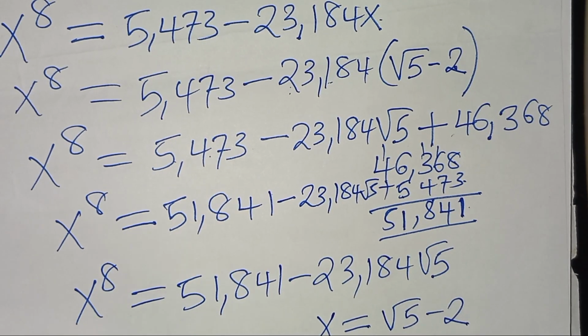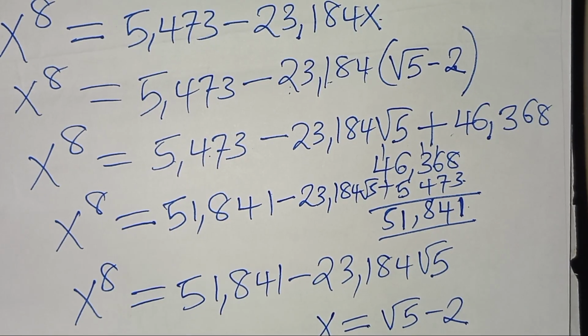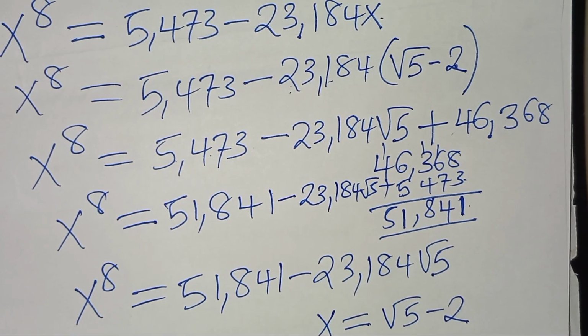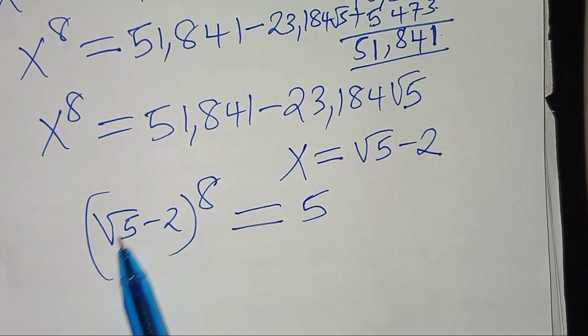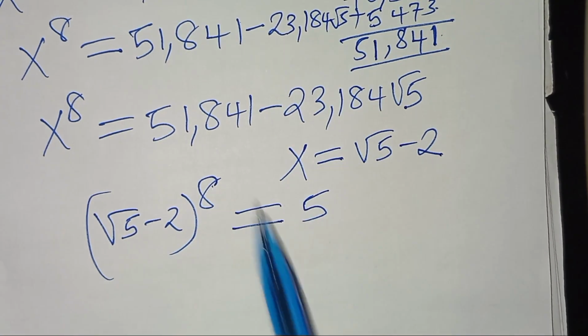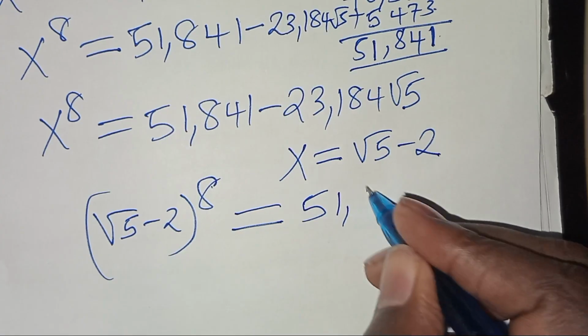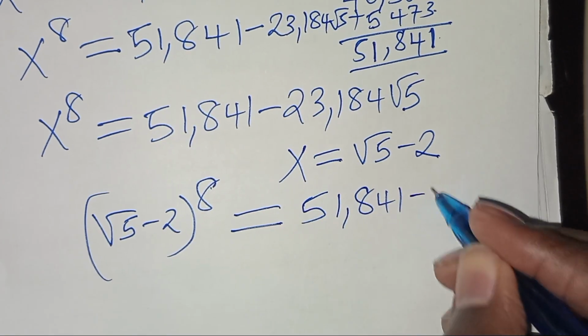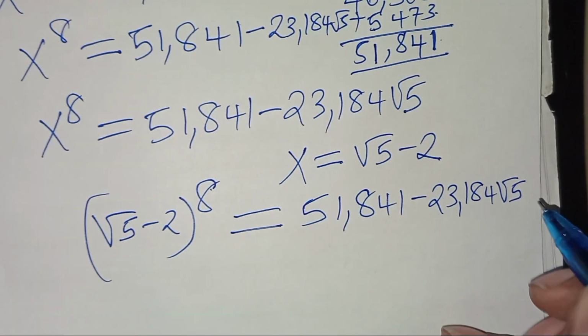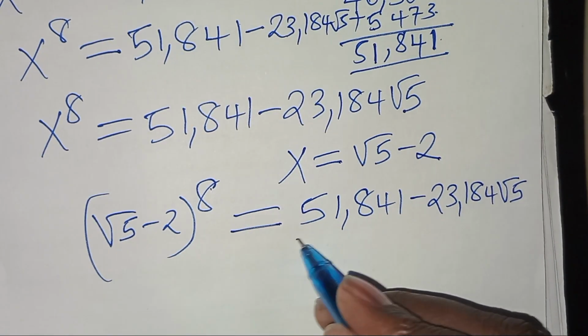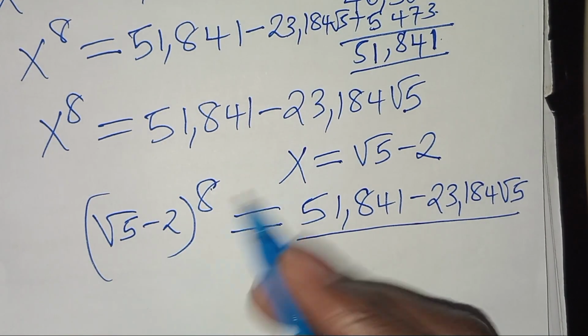So that means square root of 5 subtract 2 to the power 8 is equal to 51,841 subtract 23,184 square root of 5. Okay, so this is what we have here.